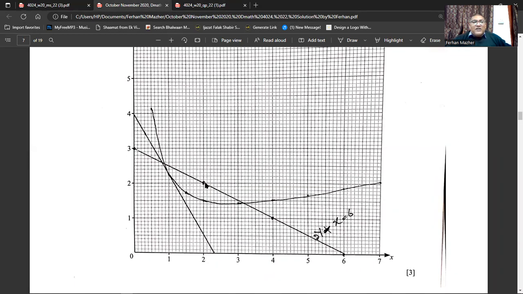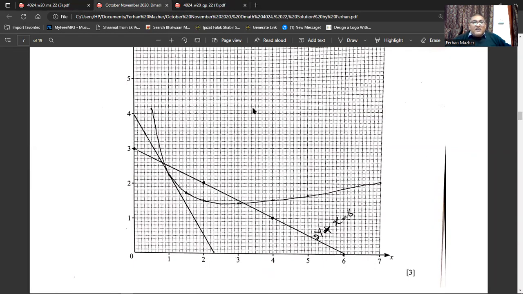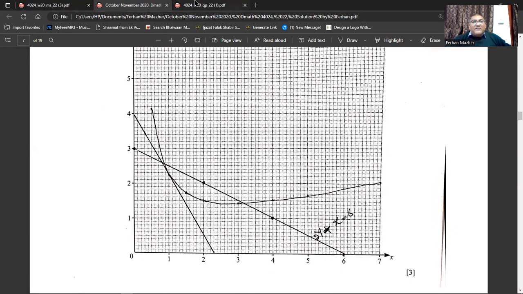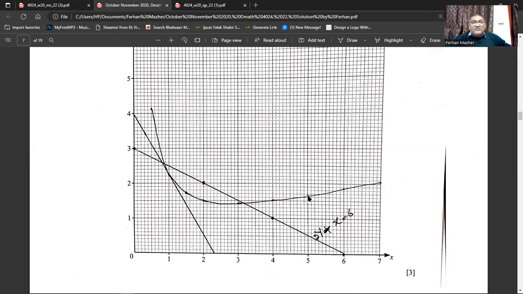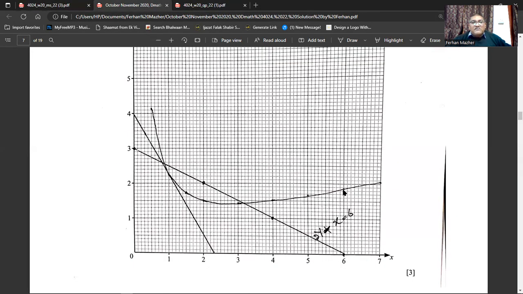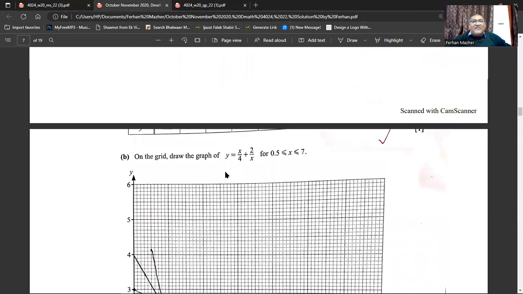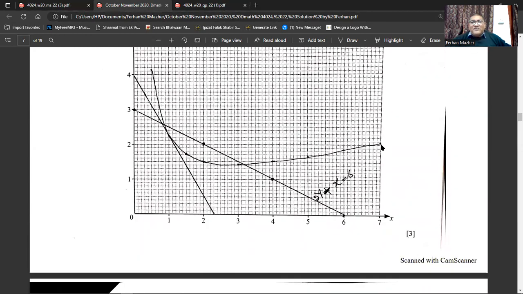This is the point. At 3, 1.42. At 4, 1.5. At 5, 1.65. And at 6, 1.83. And at 7, your value is 2.04, I mean 2.05, less than 2.1.